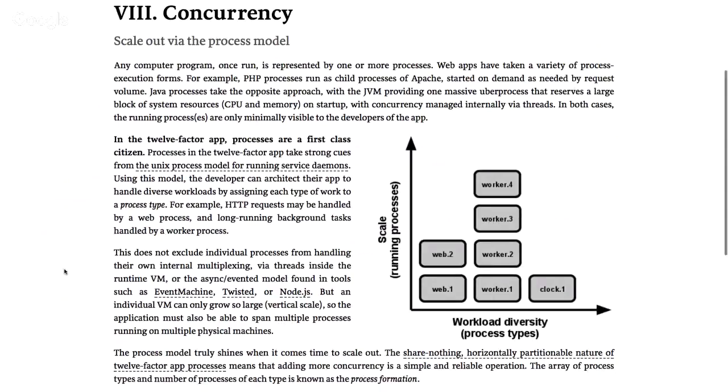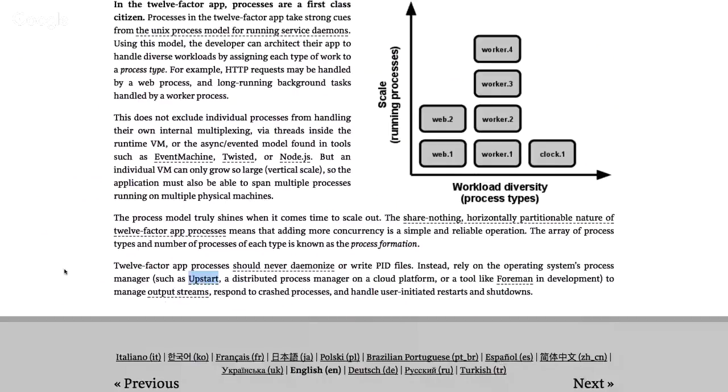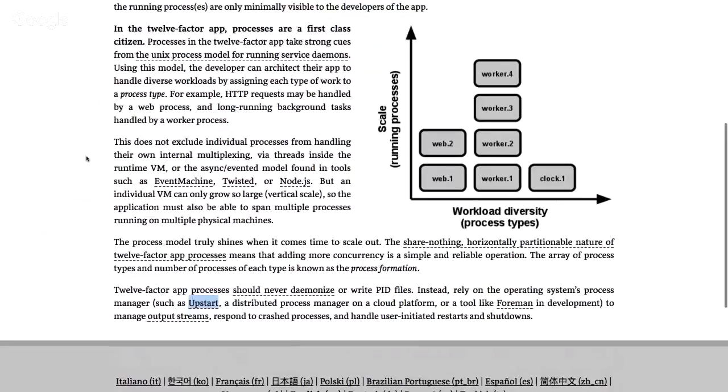So scaling is pretty easy. And a 12-factor app should never be daemonized. We should use an operating system process manager like Upstart to orchestrate the processes. At a high level, that's the summary of concurrency.